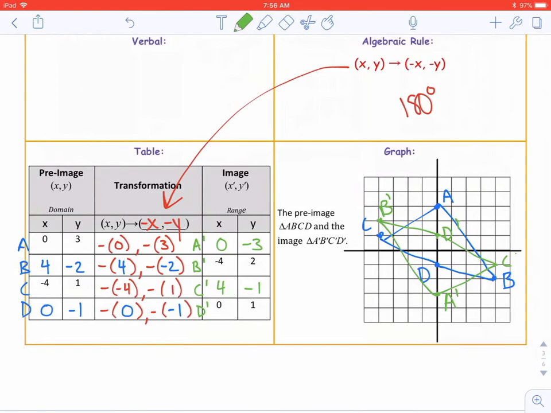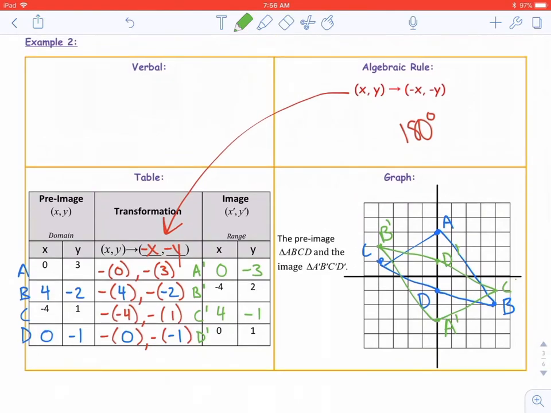So quadrilateral ABCD, we need to write out our description, was rotated 180 degrees. And it really doesn't matter if it's clockwise or counterclockwise in this example because it's 180. So either way, you'd end up in the same spot.